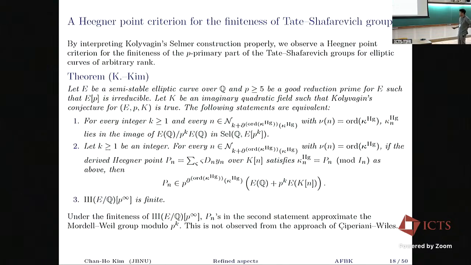The third one is the finiteness of the p-part of Sha. The first one is basically where this kappa_n lies in the Selmer groups. The kappa_n should lie in this image of the Mordell-Weil group in the Selmer groups. But if we did not take the mod I_n reduction, what the first statement says is that the derived Heegner point itself actually lies in here.